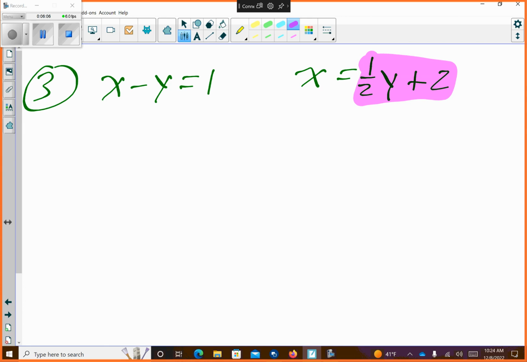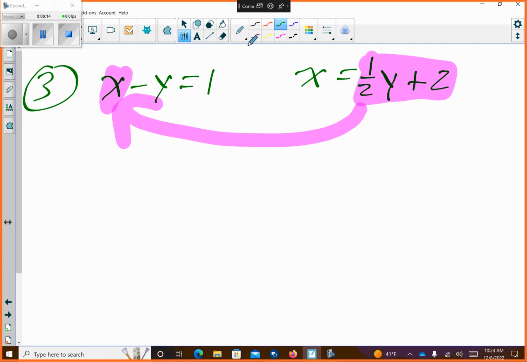So I'm going to replace this x. I'm going to put that in for it. Does that make sense? All right, now we got to work smarter on this one. So I'm going to get 1/2 y plus 2 minus y equals 1. All right, so let's see who can recall something from like 11 weeks back.